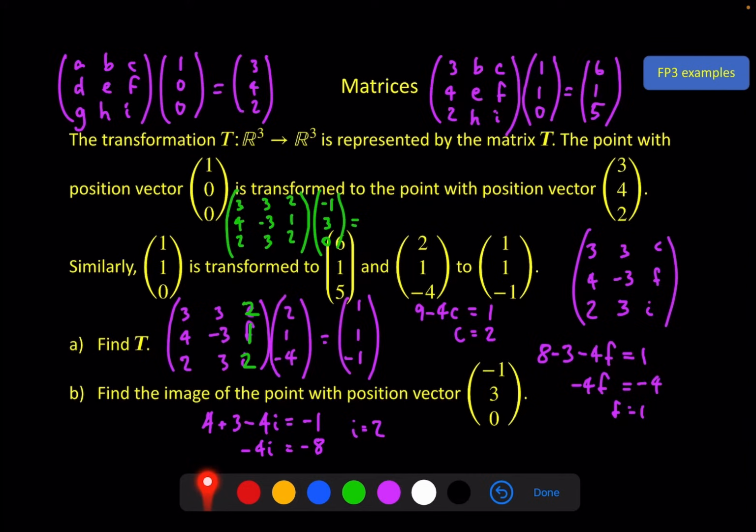So we've got minus 3 plus 9 plus 0. Minus 4 minus 9 plus 0. Minus 2 plus 9 plus 0. So the answer to part B is the vector 6, minus 13, 7.